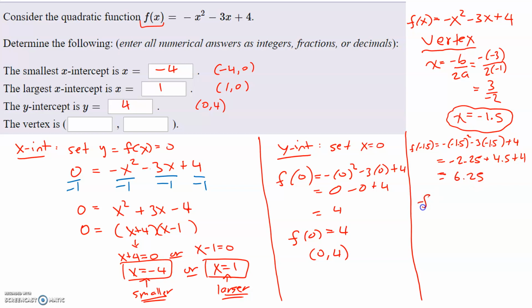So we have f of negative 1.5 equals 6.25. So we got the vertex using negative b over 2a, that was negative 1.5, and plugged it in to get the y value. So the vertex is the point (negative 1.5, 6.25).